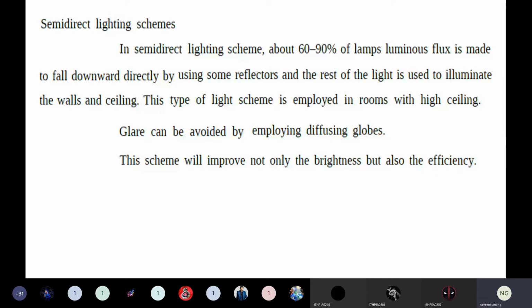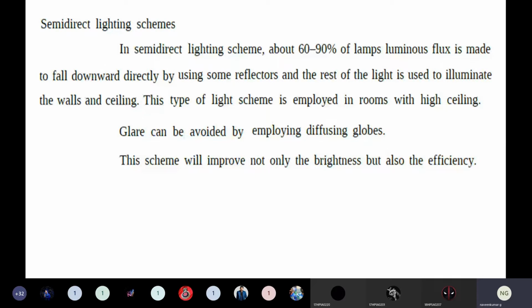So this type of light is used, in comparison to direct lighting scheme, in rooms with a high ceiling. Generally garages, storage areas, godowns, all these use semi-direct type of lighting scheme, which usually have high ceilings.